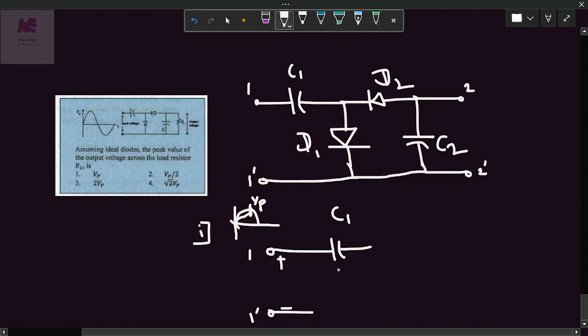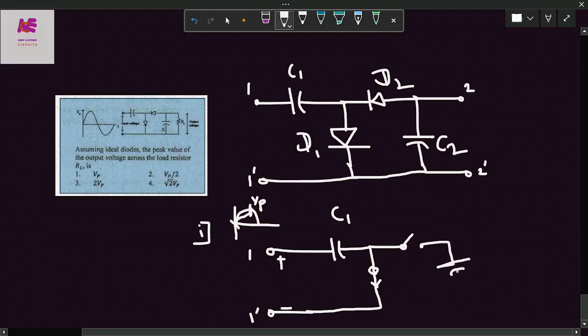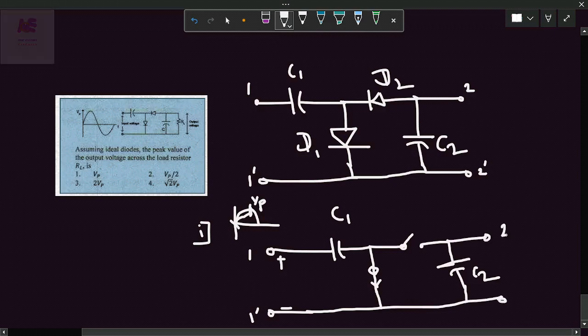This operation will store the charge across the capacitor C1, that is nothing but Vp, which means that the diode D1 will be in forward biasing, means diode will be short circuited, whereas this positive voltage makes the diode D2 go in the reverse biasing, means open circuited, and there is no charge on C2 and there is no output voltage across 2 and 2 dash terminal.